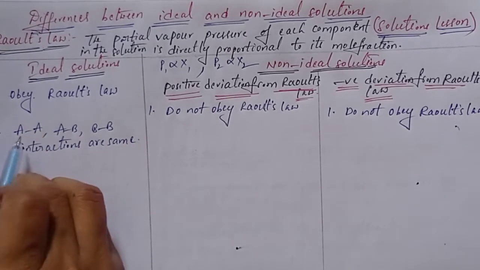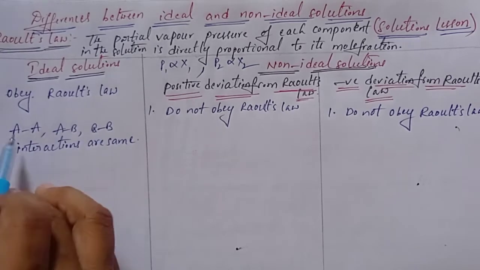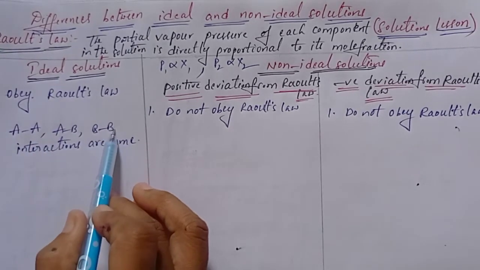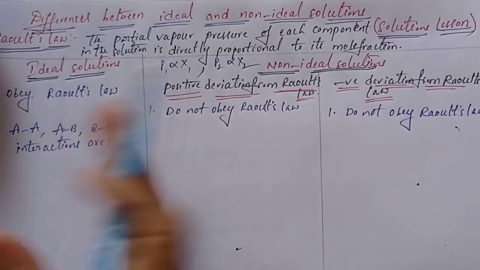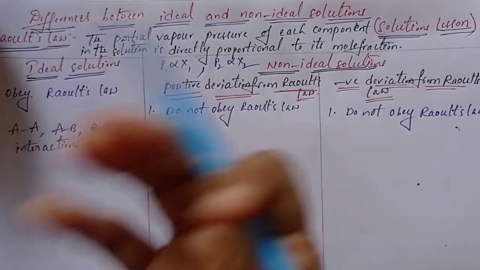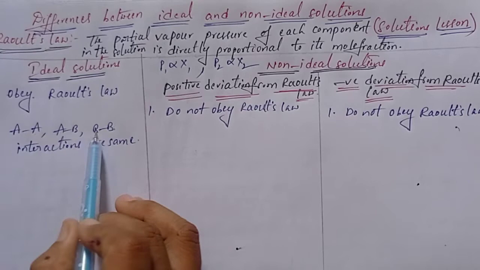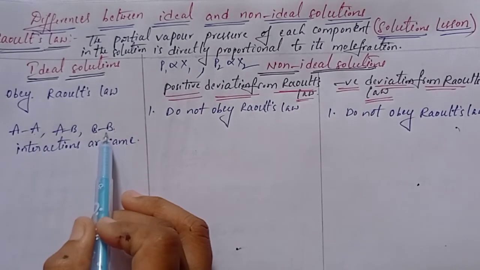Suppose A is the solute component and B is the solvent component. So there are attractive forces between the solute and solute, between the solvent and solvent, and between the solute and solvent. When solute is added to the solvent, then we will get the solution.